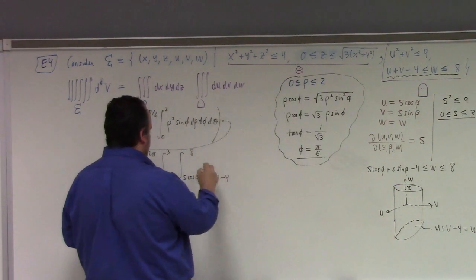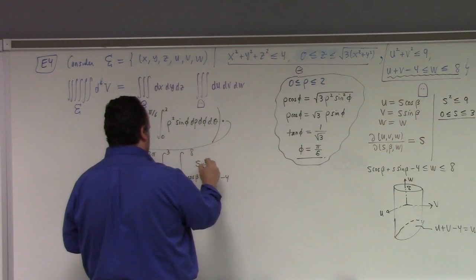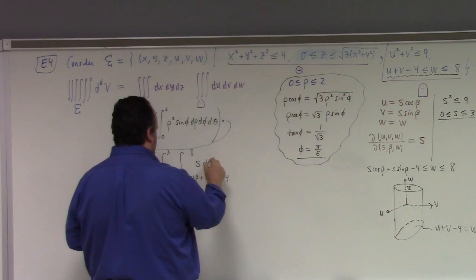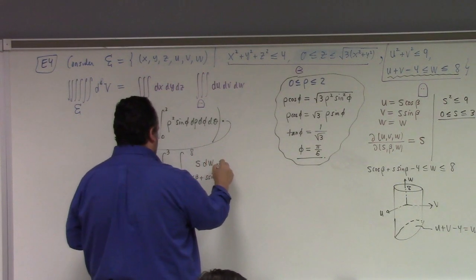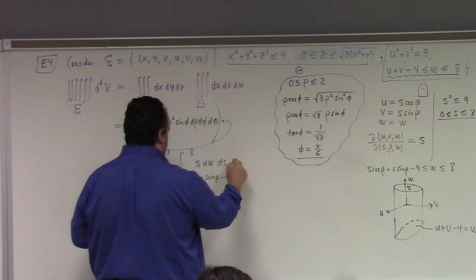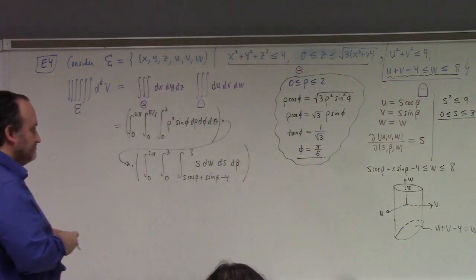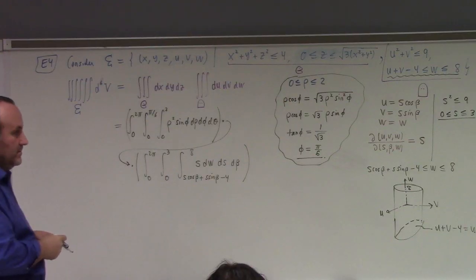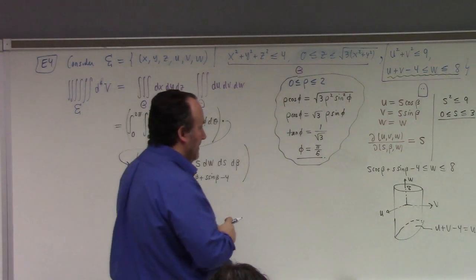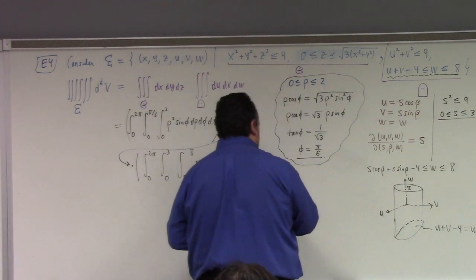The Jacobian was S, so as usual, S, dW ds d beta. How did we find that Jacobian? By analogy. If you want, I can write it out.